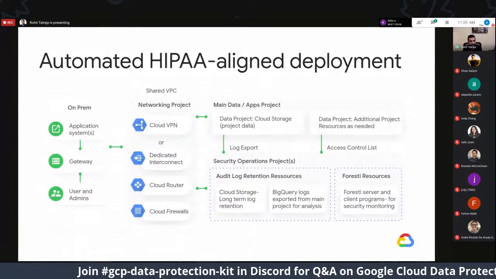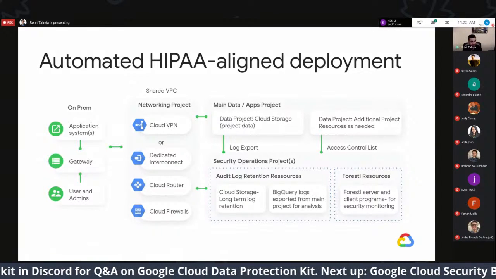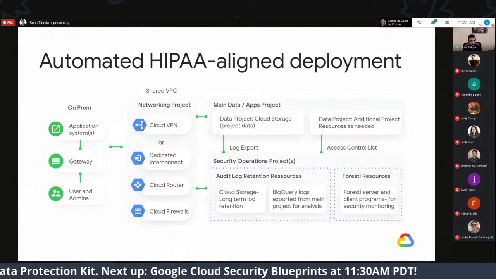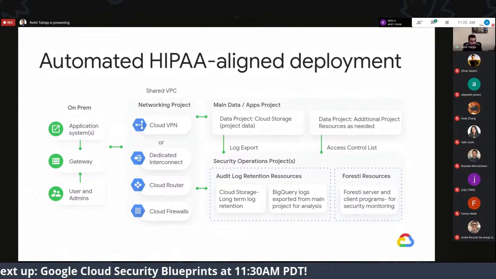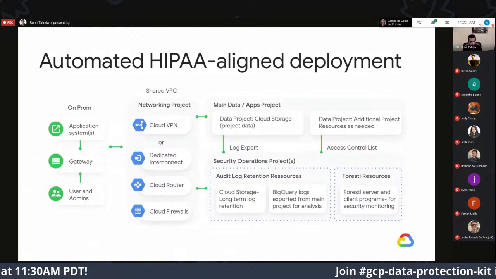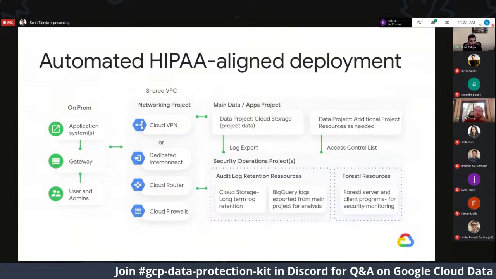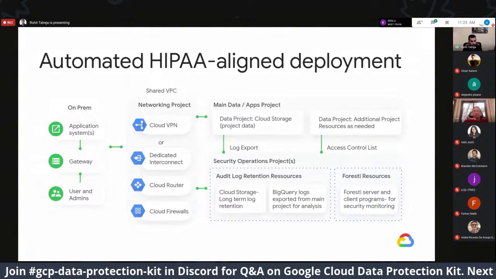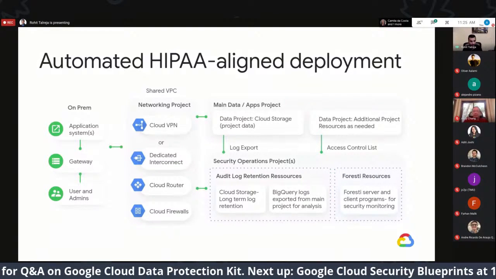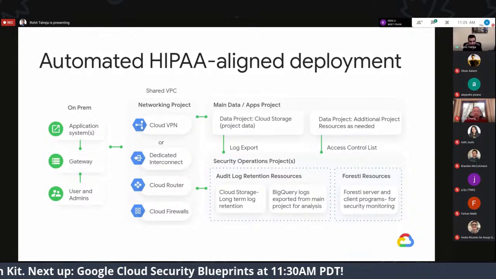And tying it all together, and I think this is something that may be useful to some of the teams here this weekend, is using one of our automated HIPAA-aligned deployment infrastructure environments. This sets up baseline infrastructure and controls on GCP around data storage, data processing, import and export, and also sets up a connection layer to off-cloud or third-party services like an on-premise service or a third-party cloud stack.